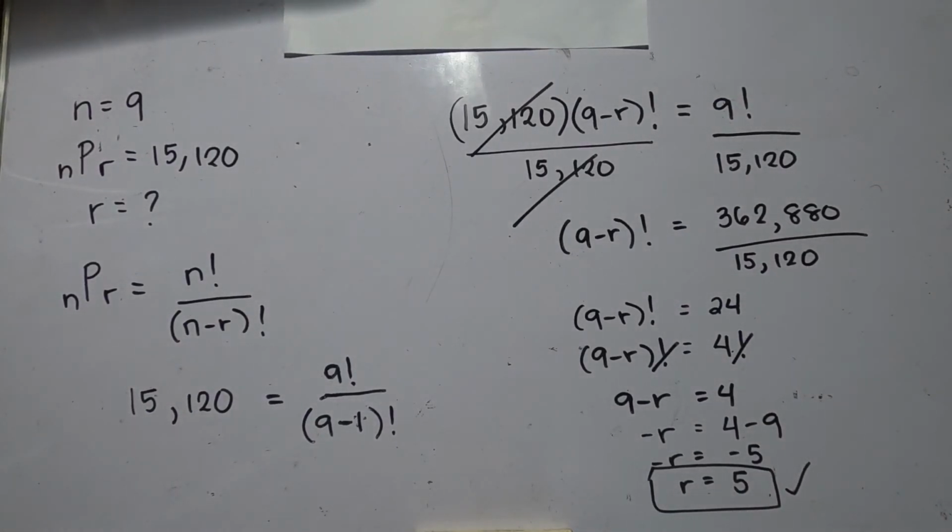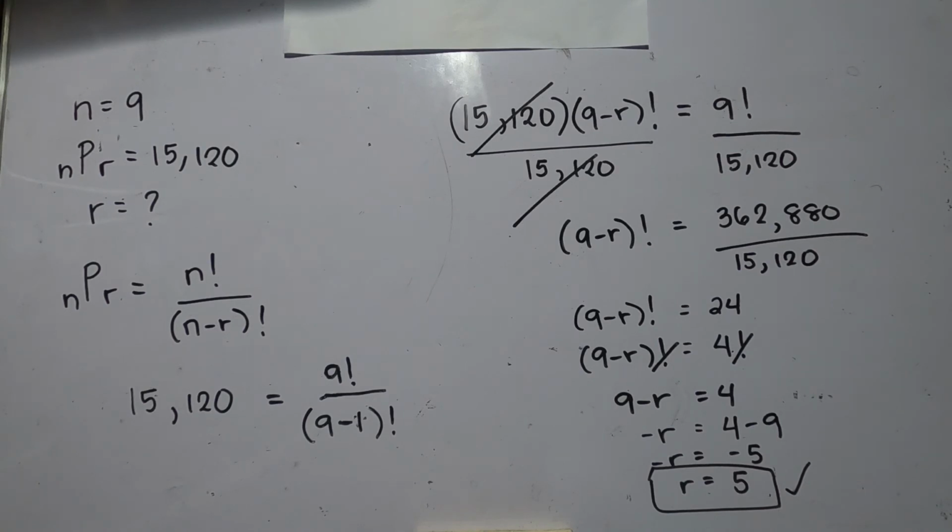Indeed, this solution is very long and requires mastery of properties of equality to manipulate the equation correctly. But do not worry, you can solve for the value of r using trial and error. Remember, r can be understood as the number of positive integers less than or equal to n to be used as factors.